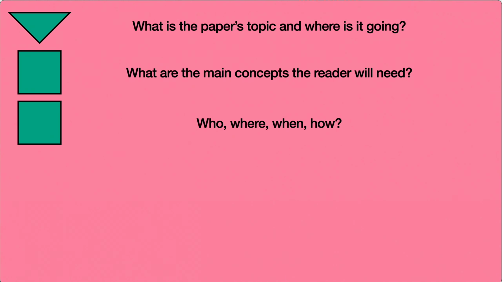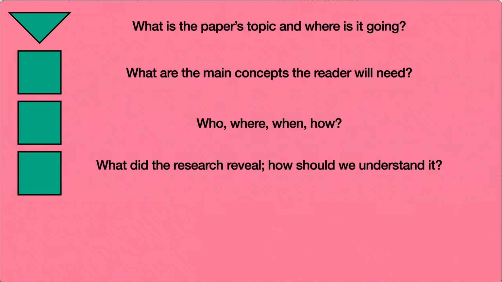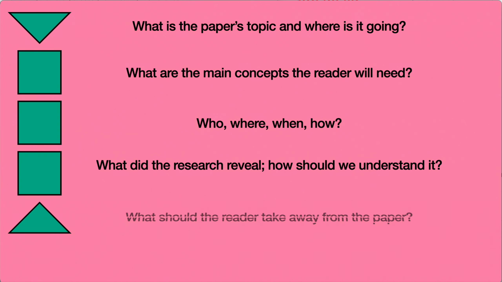Next, the who, where, when, and how questions of your fieldwork, of your interviews. The largest section, the body of the paper, the real meat of the paper: what did the research reveal? How should we understand what your research has shown us? And finally then, what should the reader take away from the paper? And that's it. That's what you need to do.